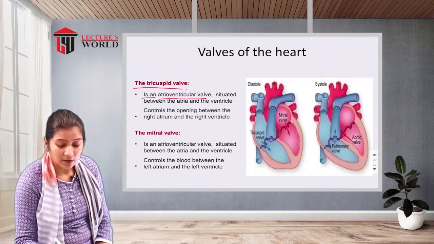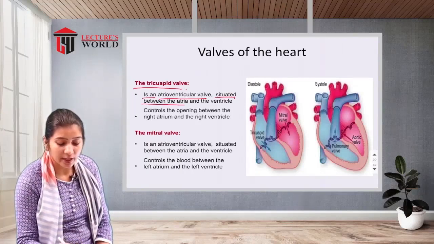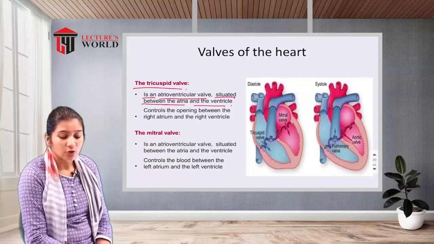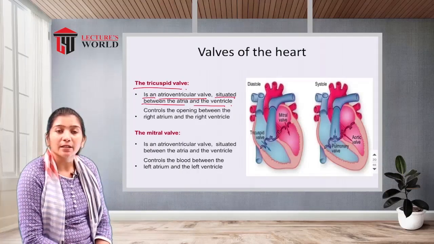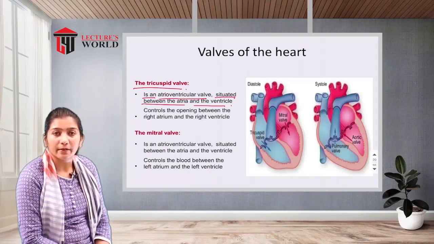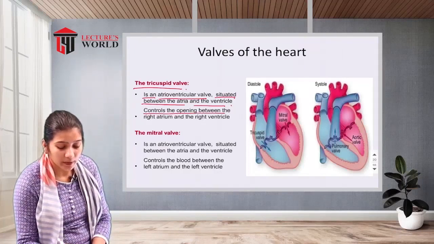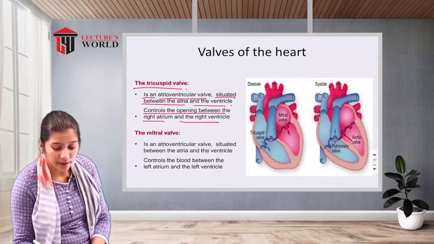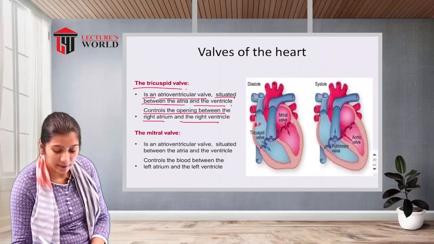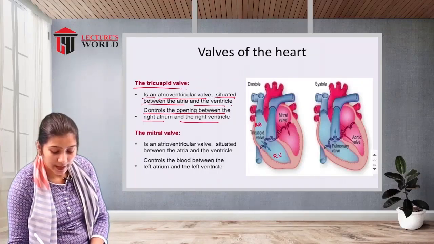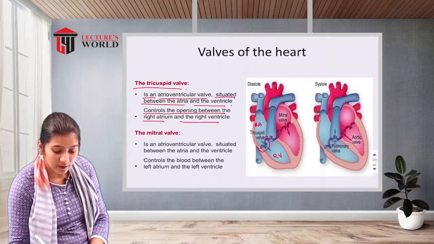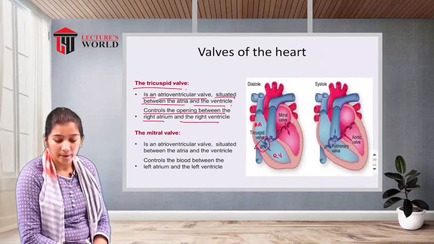Tricuspid valve is situated between the atrium and the ventricle, specifically between the right atrium and right ventricle. It controls the opening between them. So this is the right atrium and the lower chamber is the right ventricle, and between them there is the tricuspid valve.